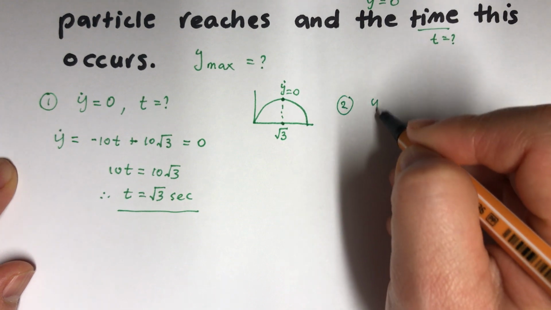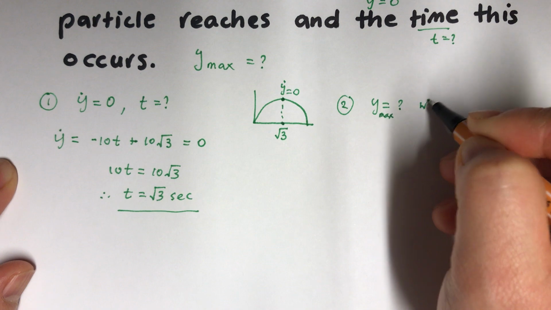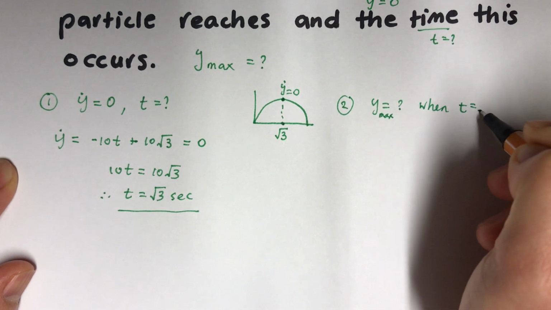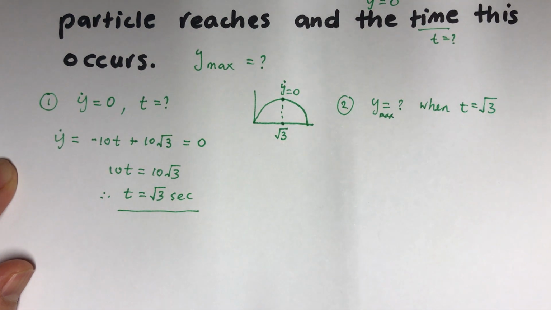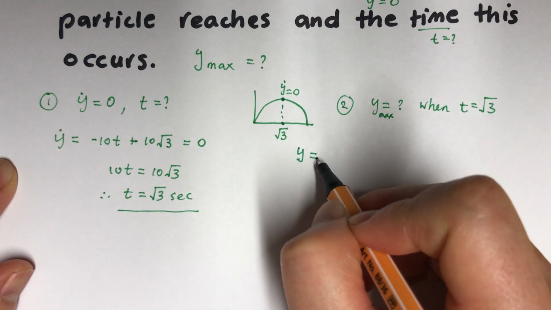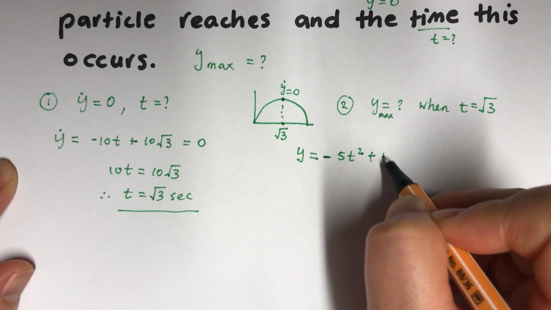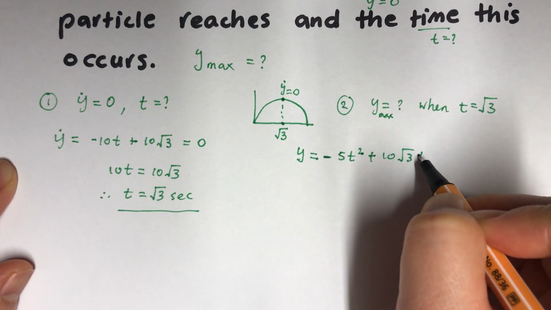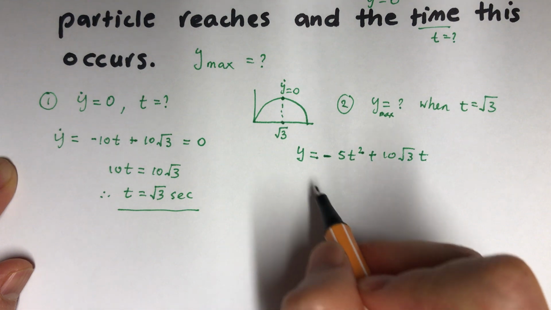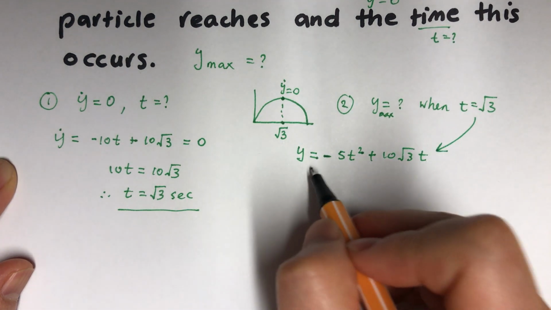So it'll be y max question mark when t equals root 3. Okay, so it'll be y equals minus 5t squared plus 10 root 3 t from the previous part. We actually got that. Now I'm going to substitute t equals root 3.